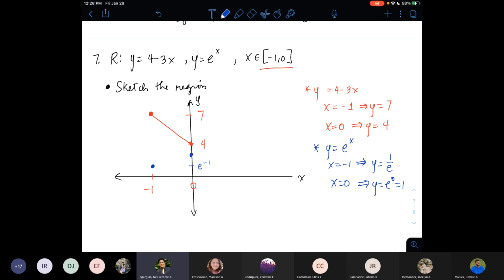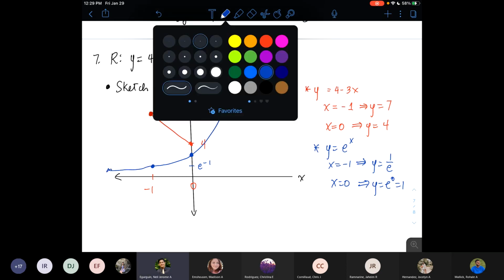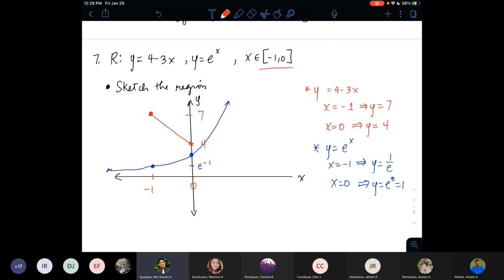So it's somewhere above that. And it's a curve, right? So if you want to sketch the bigger picture, it looks like that. But remember, we were told to just find the area for x's between -1 and 0. So that means the shaded region is just this one.